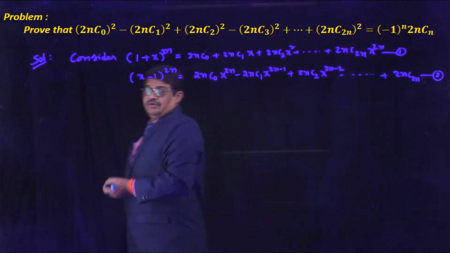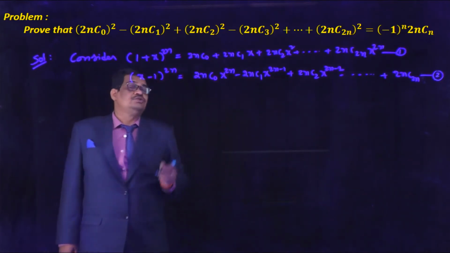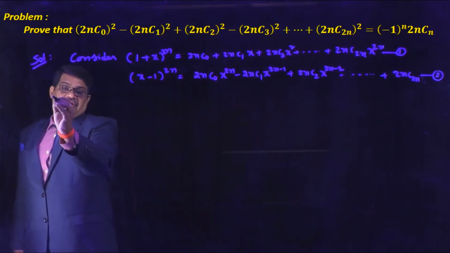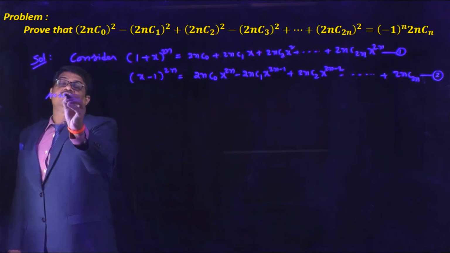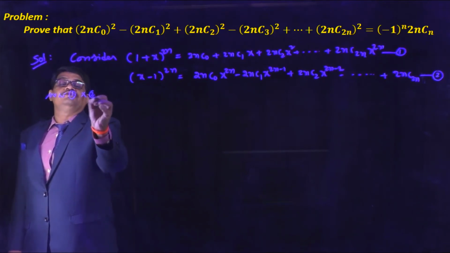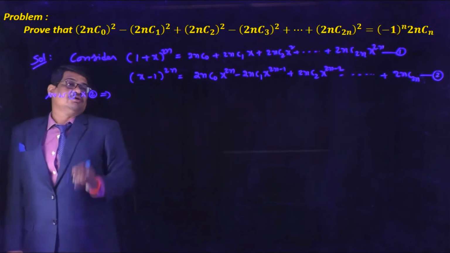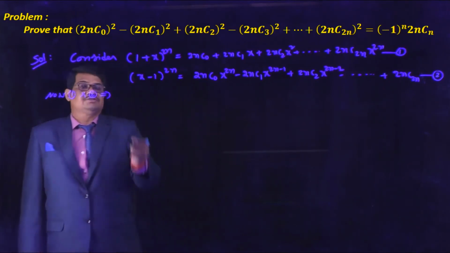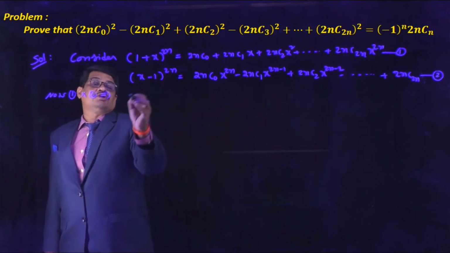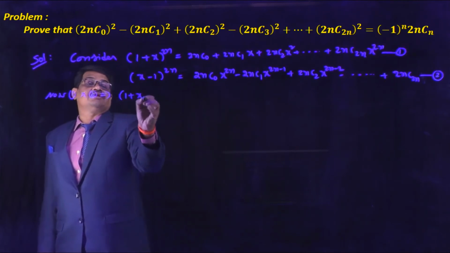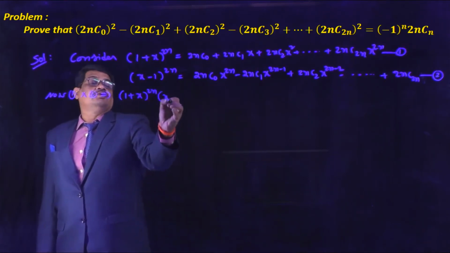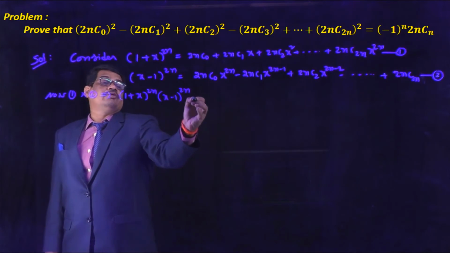Now we are taking the product of these two equations. What is the LHS? The product of these two terms, (1 plus x) whole power 2n into (x minus 1) whole power 2n.